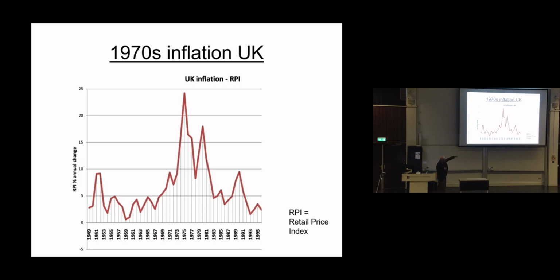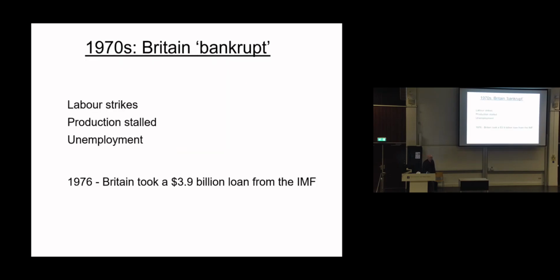We can see 1971 and 1979, huge peaks of high inflation, in part caused by the oil crisis, and 20% inflation is really, really high. On top of that, for example in Britain, there was social unrest, there were labor strikes, production stalls, and high unemployment. Actually, in the 1970s, Britain was bankrupt.